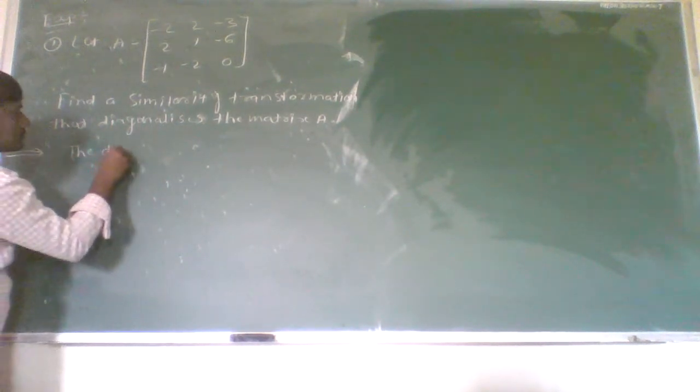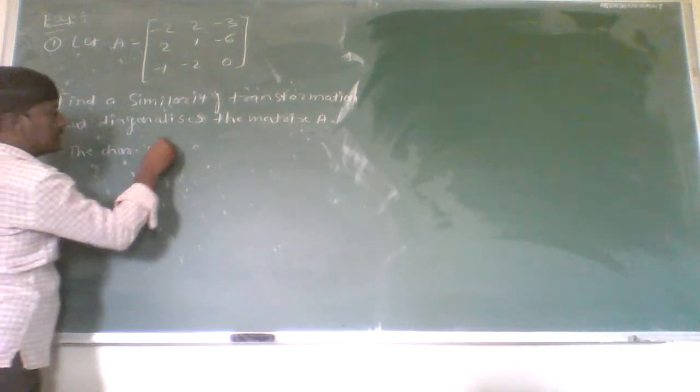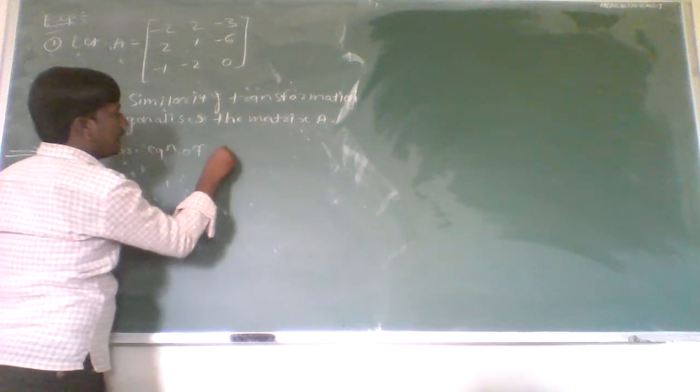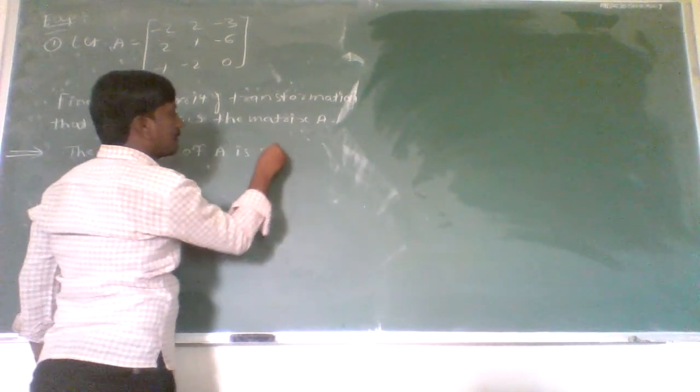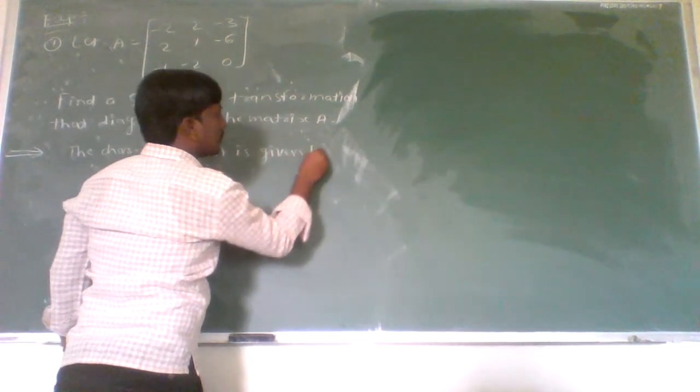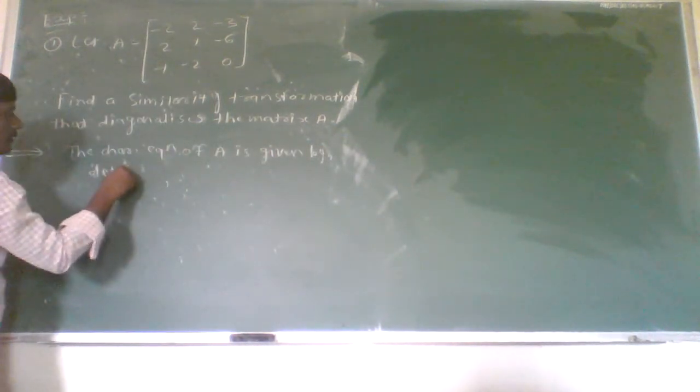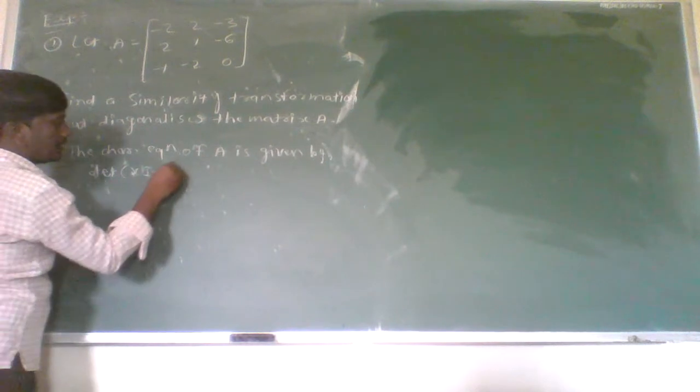The characteristic equation of A is given by determinant of xI minus A equal to 0, or A minus xI equal to 0.